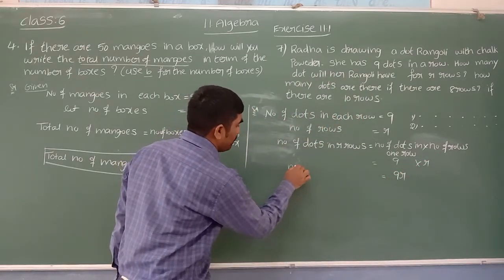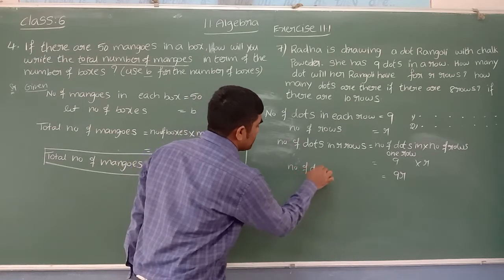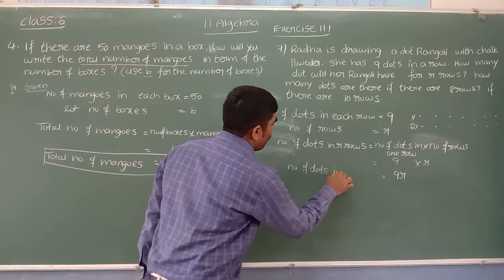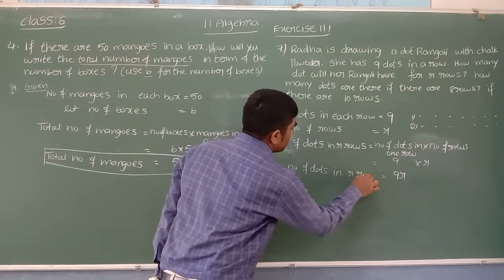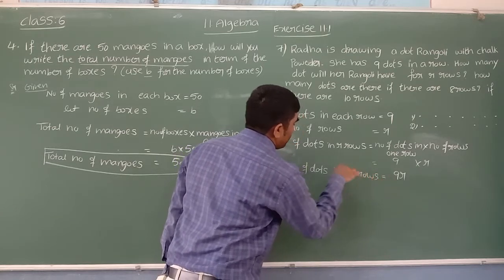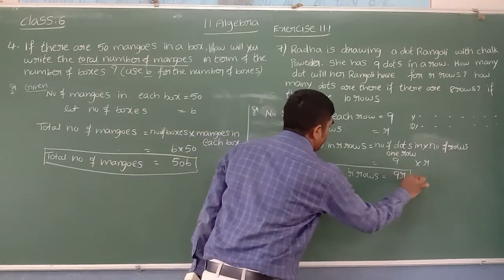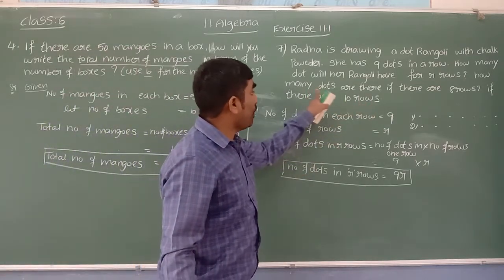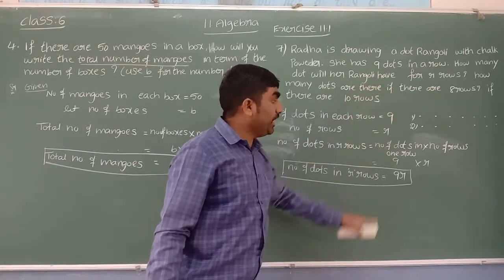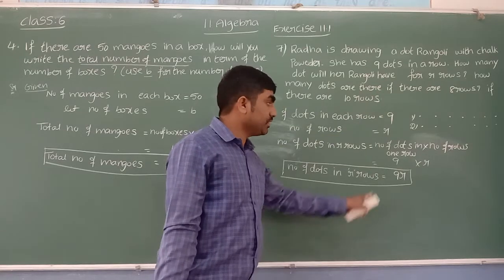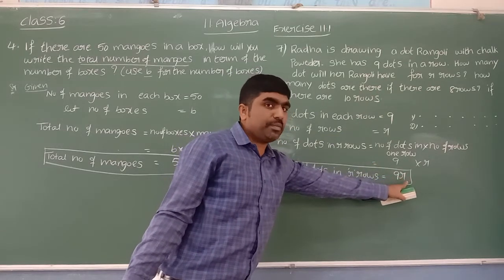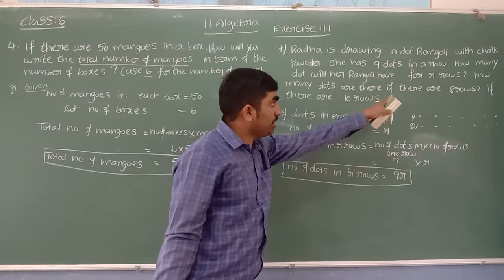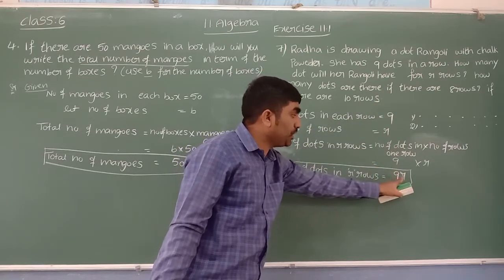So you can write here now number of dots in how many rows? R rows. Number of dots in R rows equal to how many? 9 into R. Similarly, they are asking to find how many dots are there if there are 8 rows. 8 rows, 9 into R means what? Number of rows. Here they say take number of rows 8. 9 into 8.